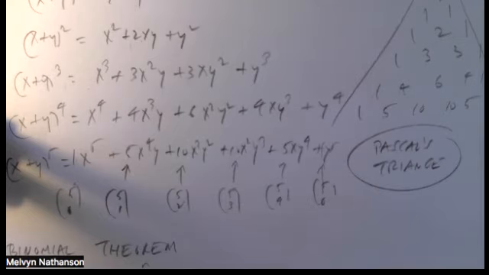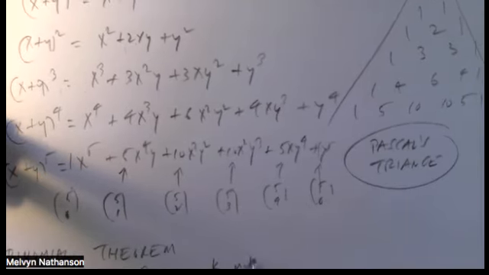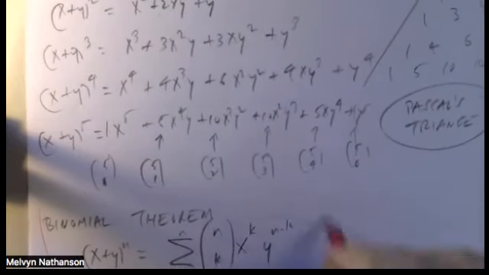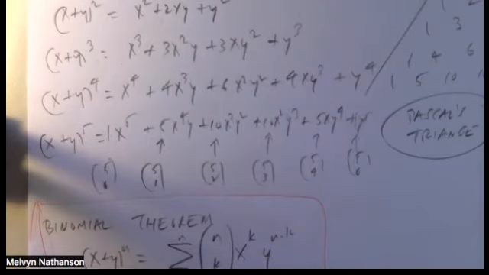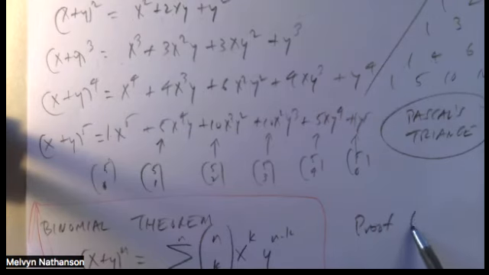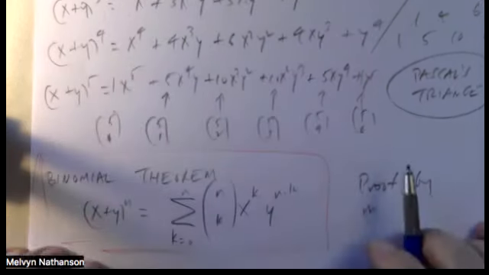You get things of the form x to the k, y to the n minus k for all k from 0 to n with some coefficient. And the coefficient is always the binomial coefficient. So that's the binomial theorem.